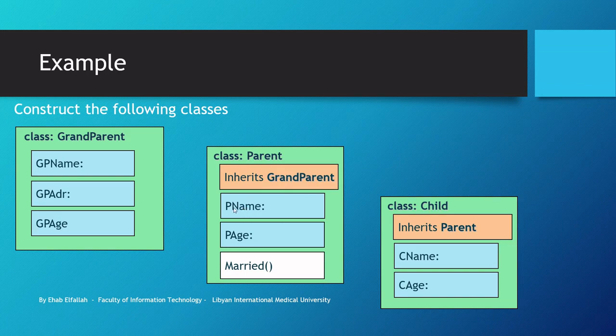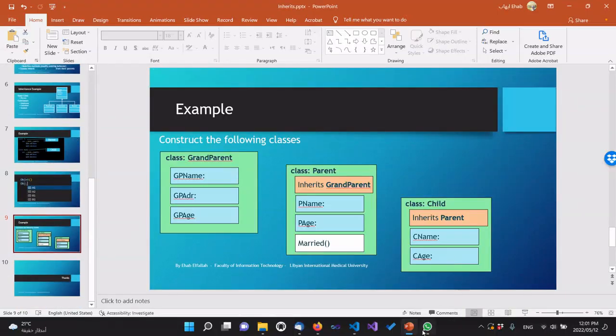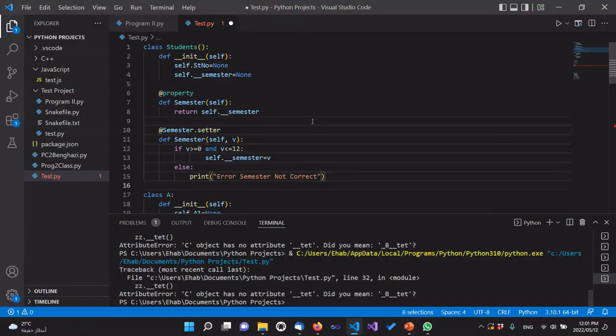It has two attributes, the parent name and parent age, and we have one method, married. The third class is called child and inherits from the parent, and we have the child name and the child age.